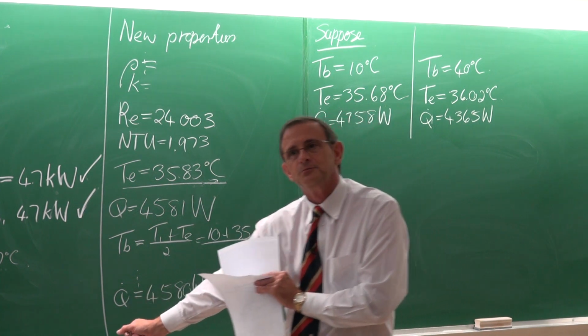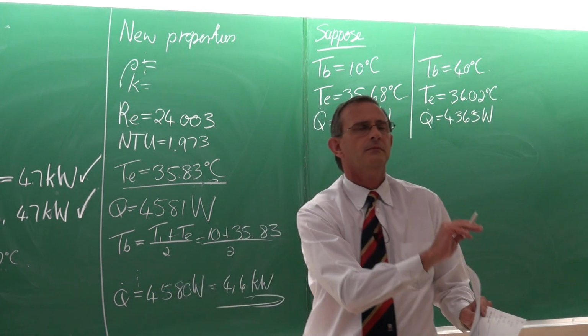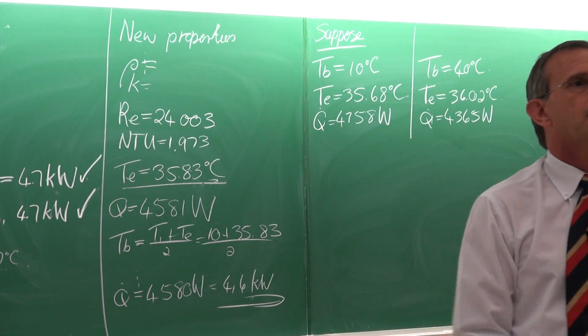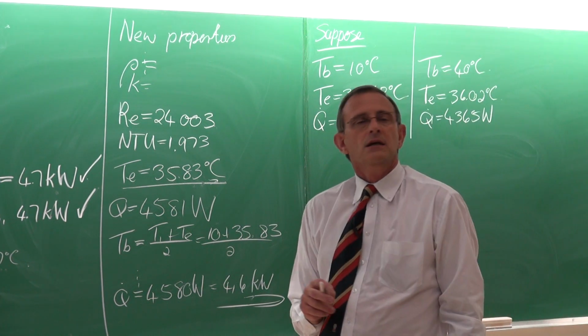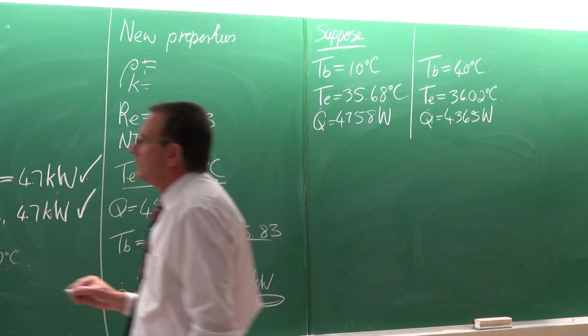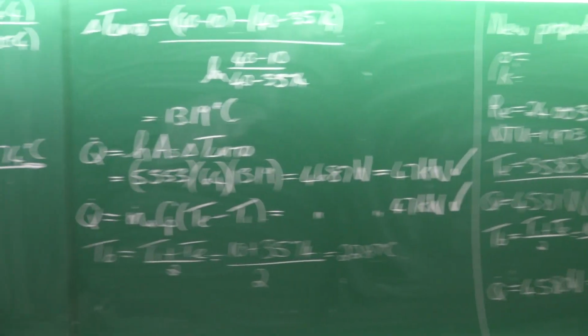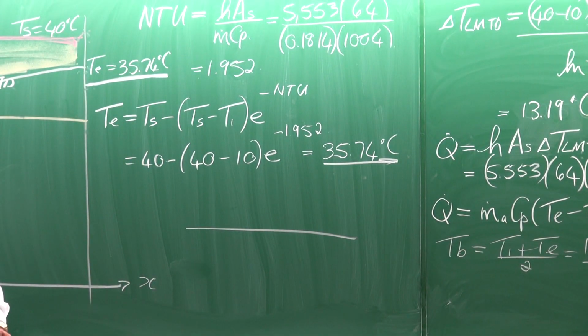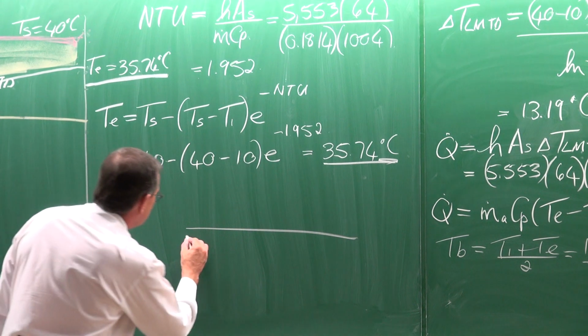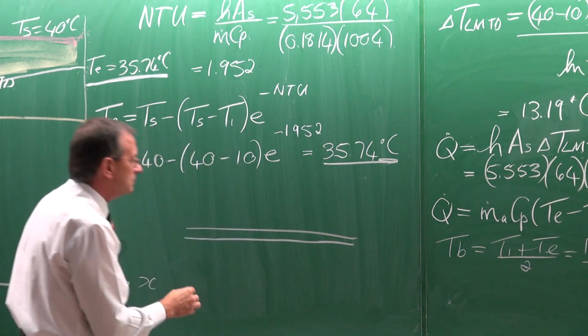Any questions? Yep. Does the material of the duct play a role? Because we don't take that into consideration here. Yes, it is a good question. When does the material of the duct start playing a role? We're going to do that in chapter 11, when we start looking at heat exchangers. Because what we have here is a duct, okay?